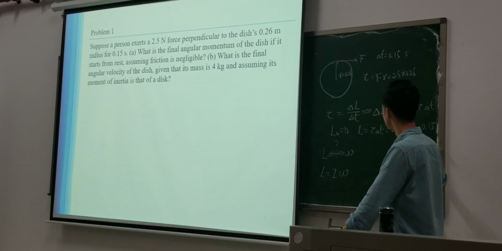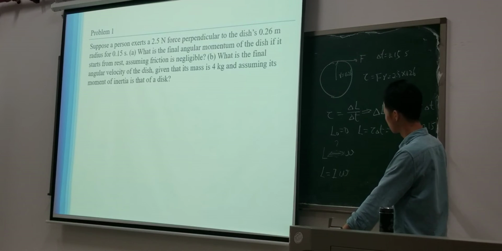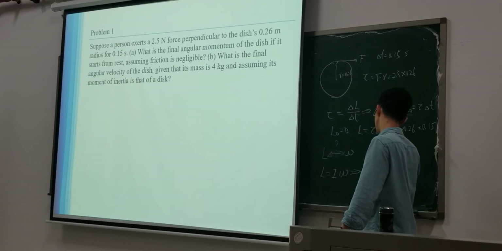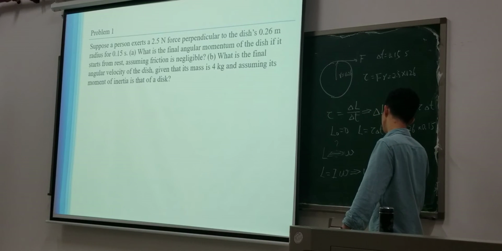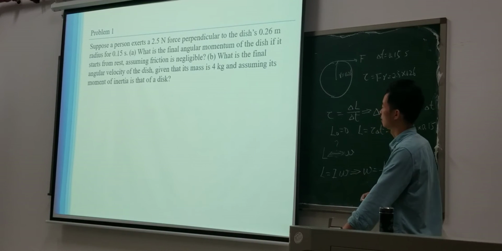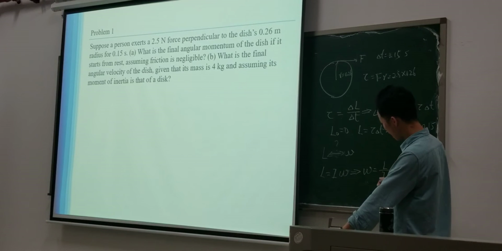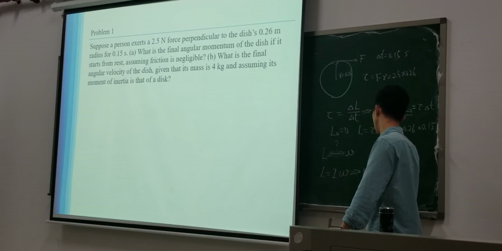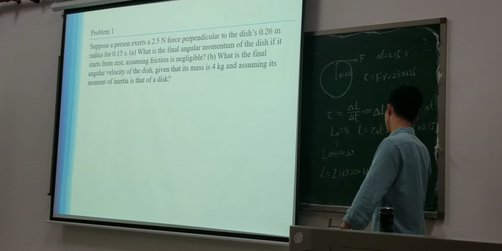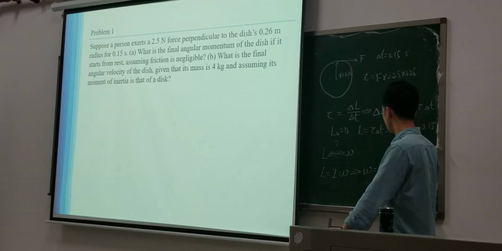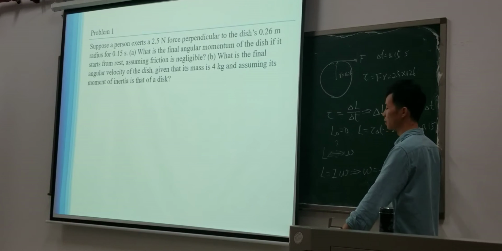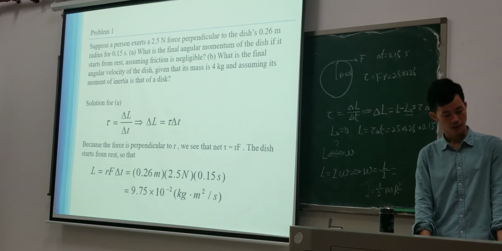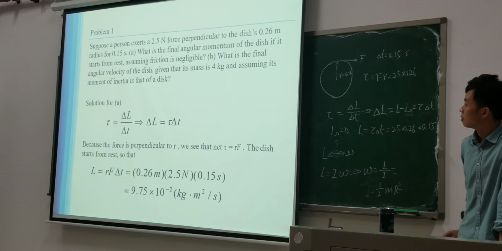Now we have found the angular momentum, then we can find the angular speed. Omega is equal to L over I, where I is the moment of inertia of this disk. For this, I is equal to half m r squared. So then we can find omega.